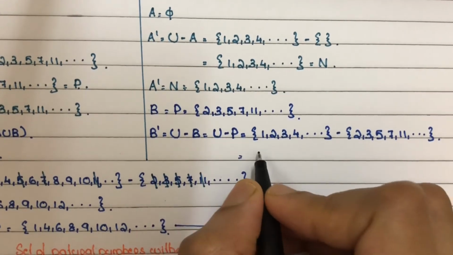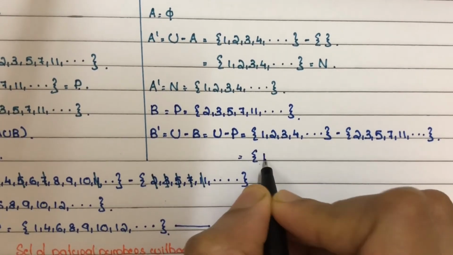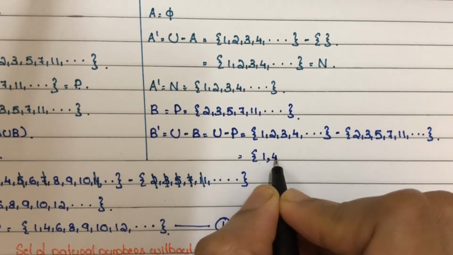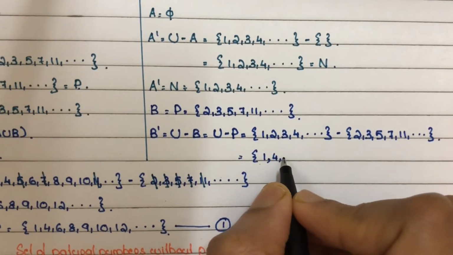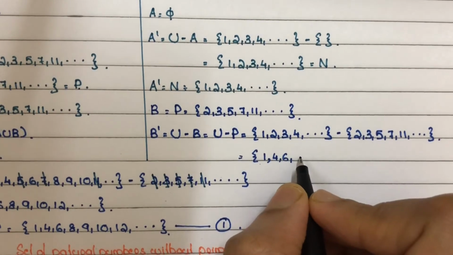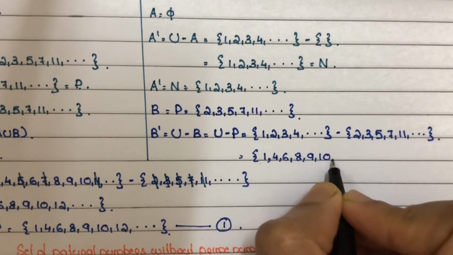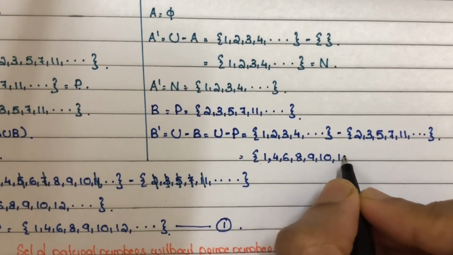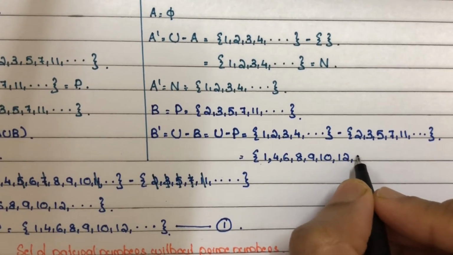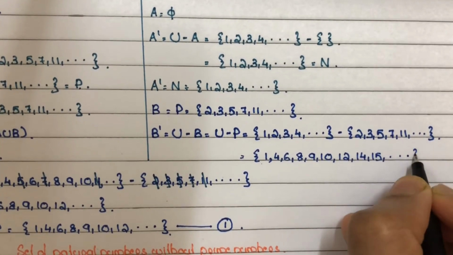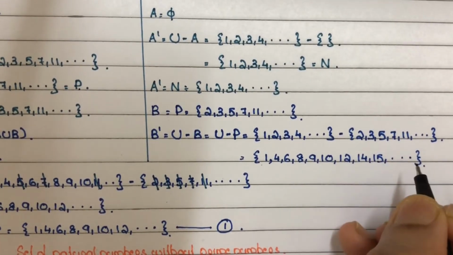We already proved it. That is 1, 2, 3 are prime numbers. Next 4, 5 is a prime number. 6, 7 prime number. 8, 9, 10, 11 prime number. 12, 13 prime number. 14, 15, etc. So set of natural numbers without prime numbers.